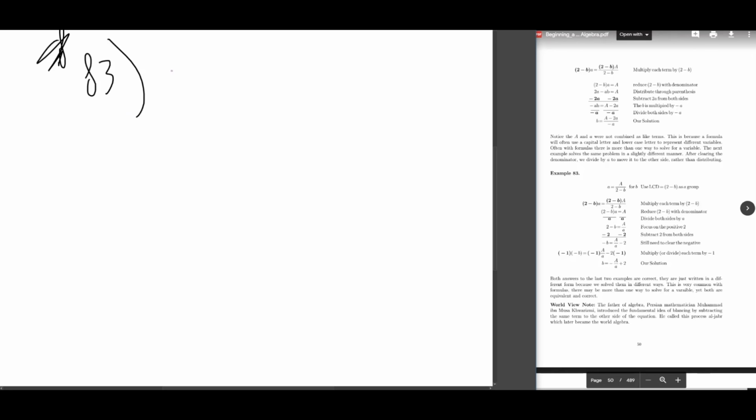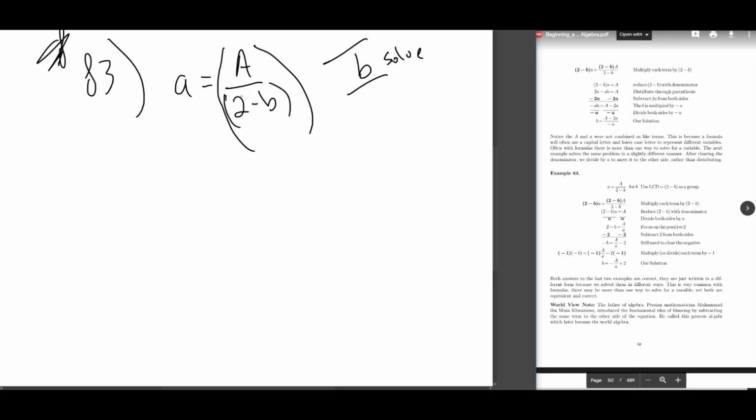All right. 83 now. A equals large A over 2 minus b. We're solving for b here. Once again, brackets here. And hey, look, we made even more brackets. So this whole thing, we're going to multiply by 2 minus b, right?